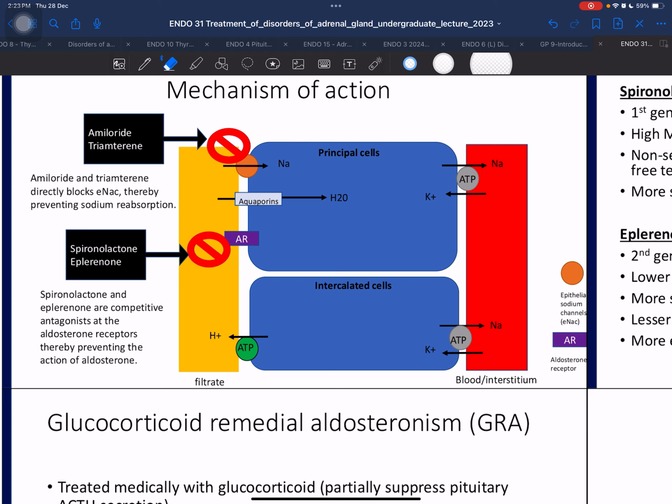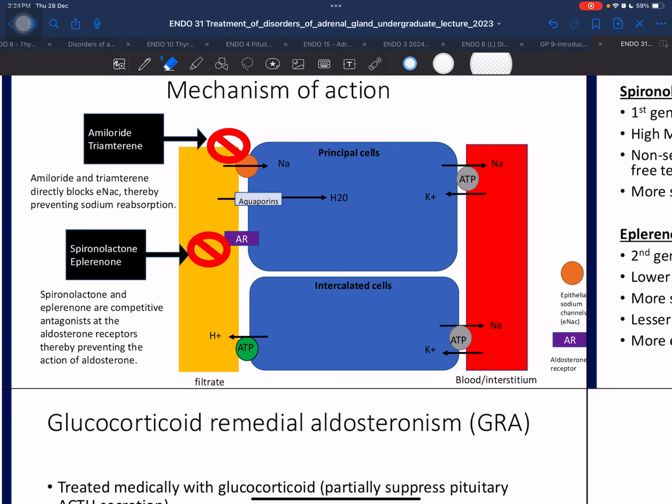Around that region, you have your principal and intercalated cells. Usually sodium is reabsorbed there, and the aquaporins take in water. When you have amiloride or triamterene, it directly blocks these epithelial sodium channels, so you don't have any sodium reabsorption. That is one of the effects it mediates.